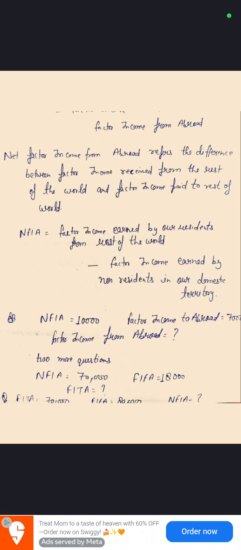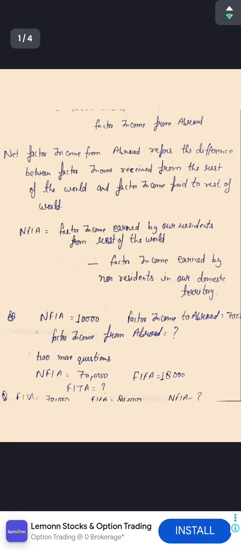After transfer income and factor income, we learn the concept of domestic income and national income. Domestic income is based on economic territory.